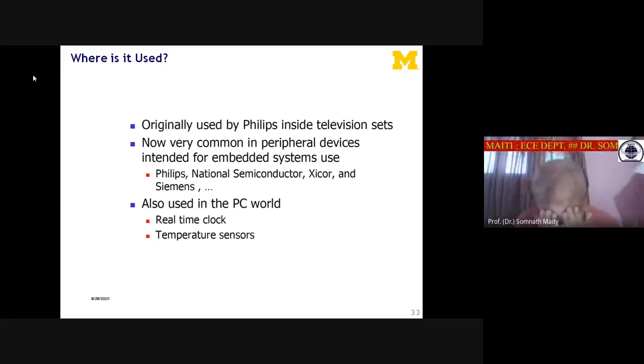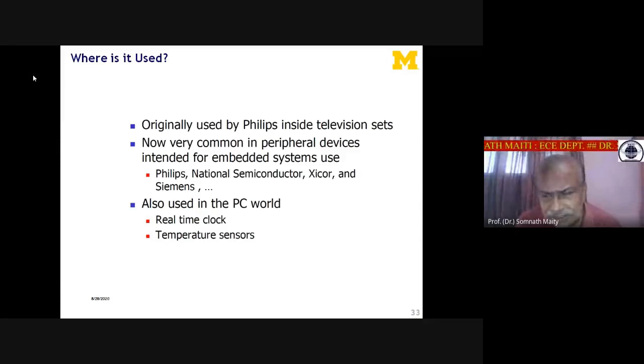You must have seen a television set. Now you can see television sets from LG, Samsung, mostly Korean, Chinese or Japanese companies. They are dominant in the market, but in earlier days Philips used to manufacture televisions.